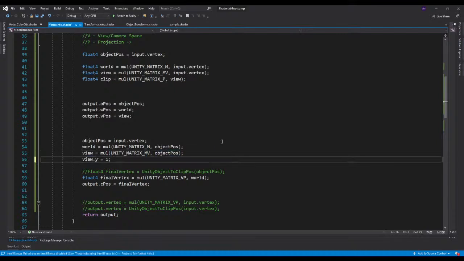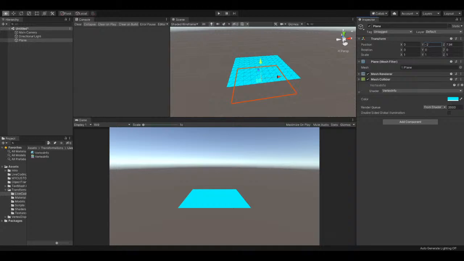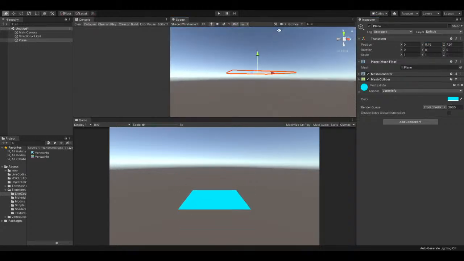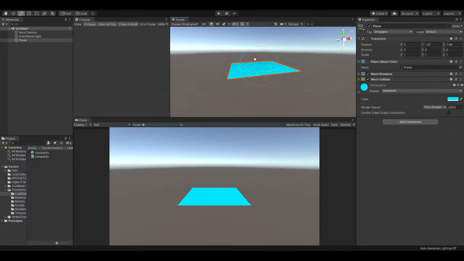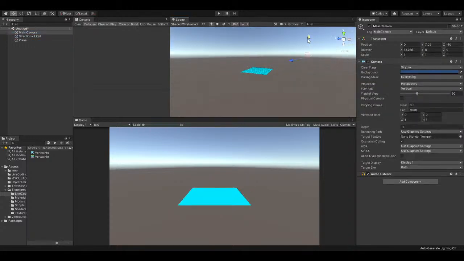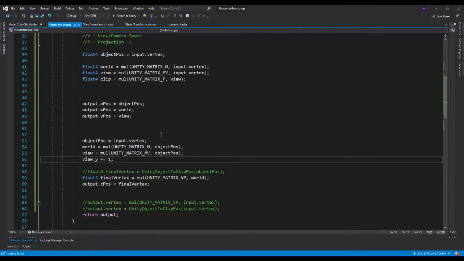I'm going to say view.y is equal to 1. Let's go with +1 first. Bang. So now you get it with respect to your camera. Perfect. And now let's stitch it to keep observing, guys.